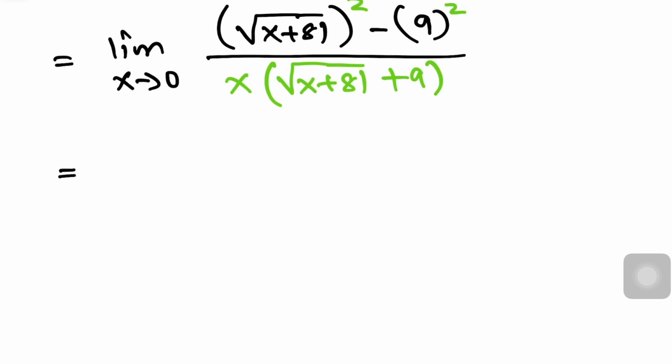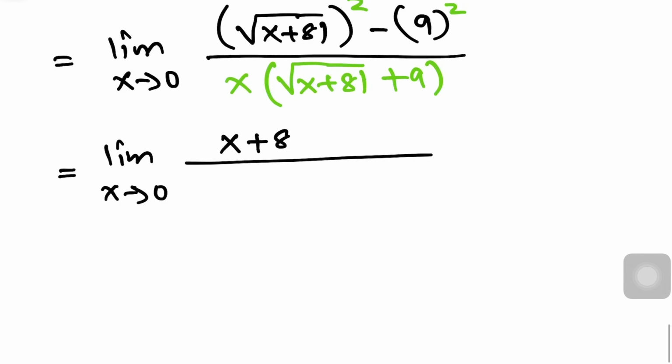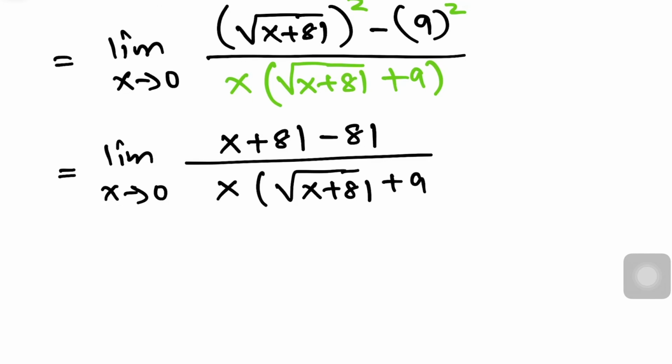Now let's see what we can do. Limit as x approaches 0. On top we have the radical sign and the power 2, they will cancel each other out. x plus 81 minus 9 squared is going to be x plus 81 minus 81, which is x. Now in our denominator we have x times the parentheses, square root of x plus 81 plus 9.